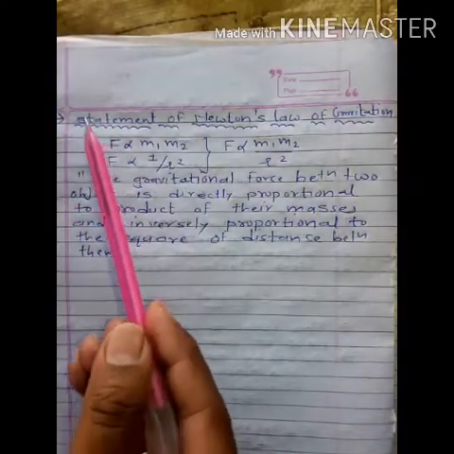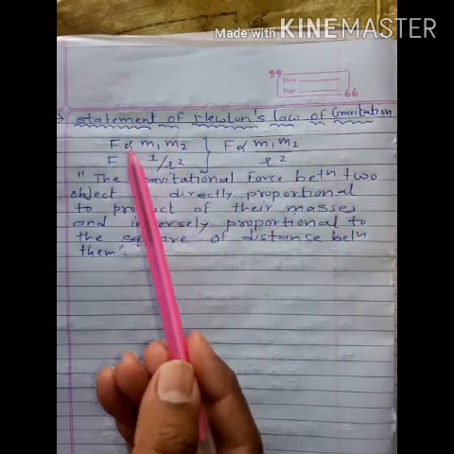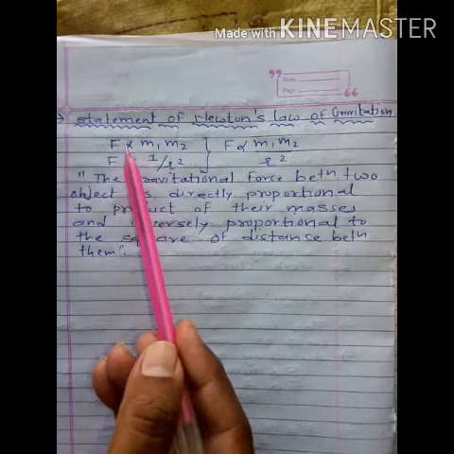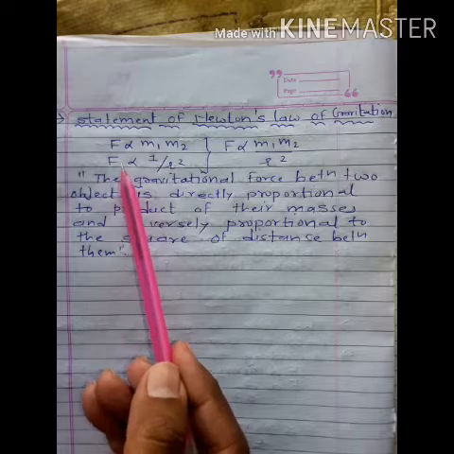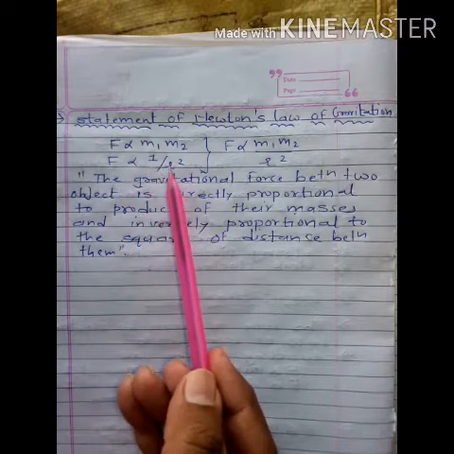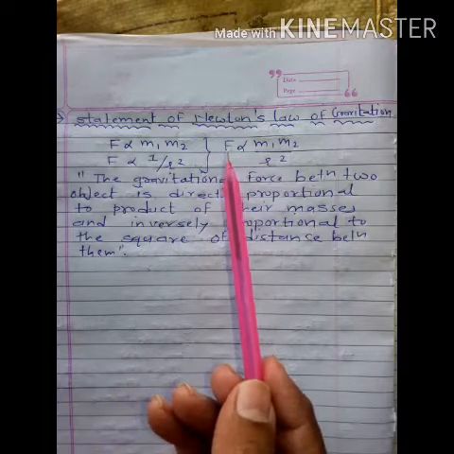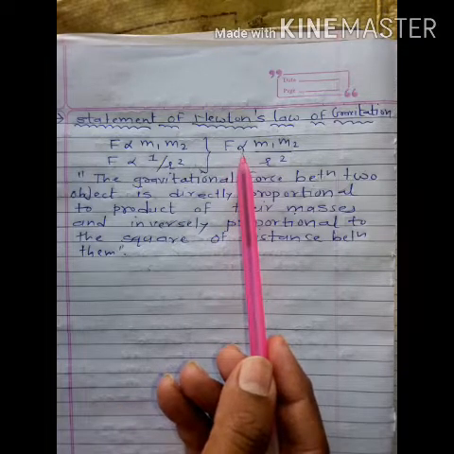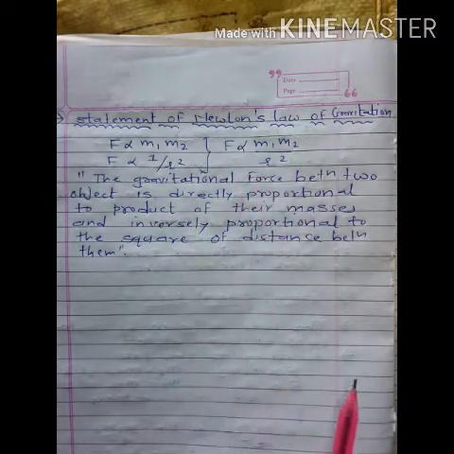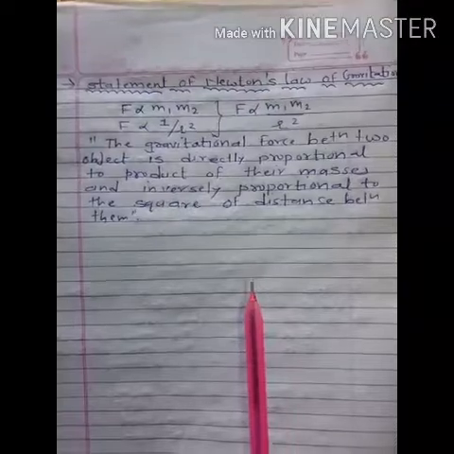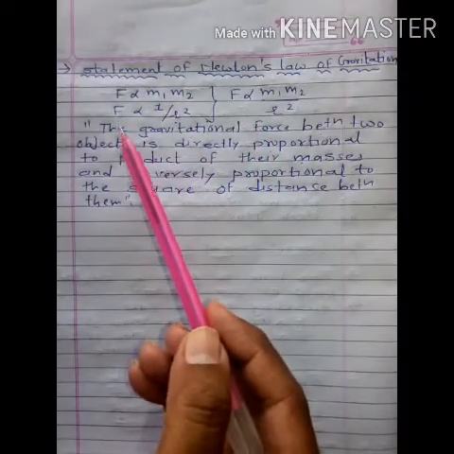Now remember the statement of Newton's law of gravitation. We already know that gravitational force F is directly proportional to m1 m2, and gravitational force F is inversely proportional to r square. By combining these two, we can say that F is directly proportional to m1 into m2 upon r square. Now here we use this equation to form its statement. This is the simplest statement.